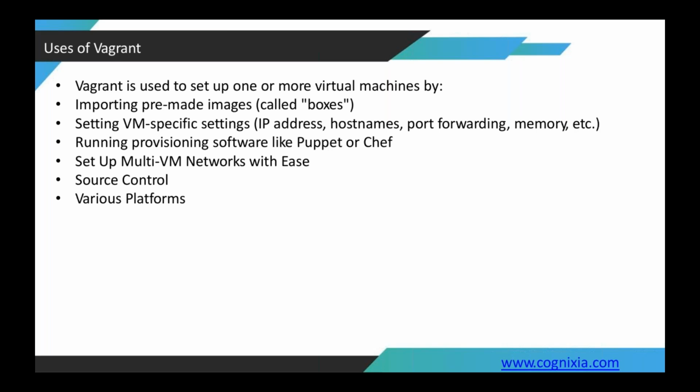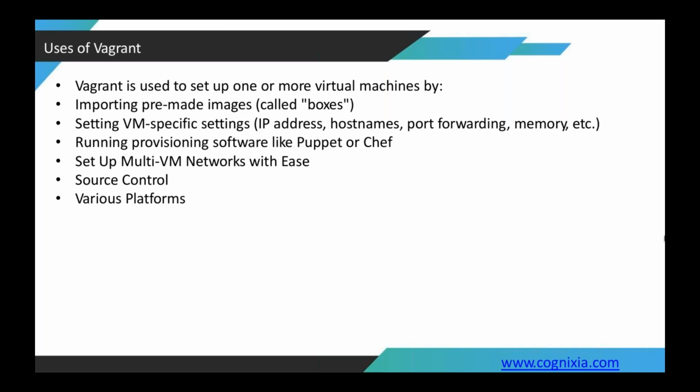We already know that using Vagrant you can allocate a separate IP address. What this means is each virtual machine that we are going to create using Vagrant will be assigned a separate IP address, host names, port forwarding, and memory.